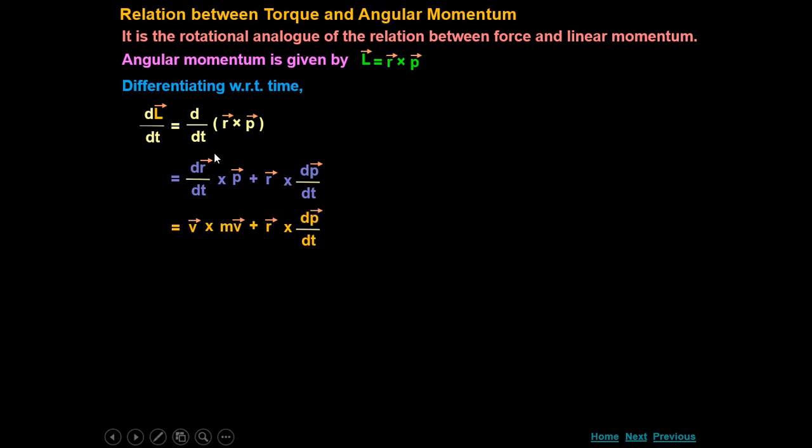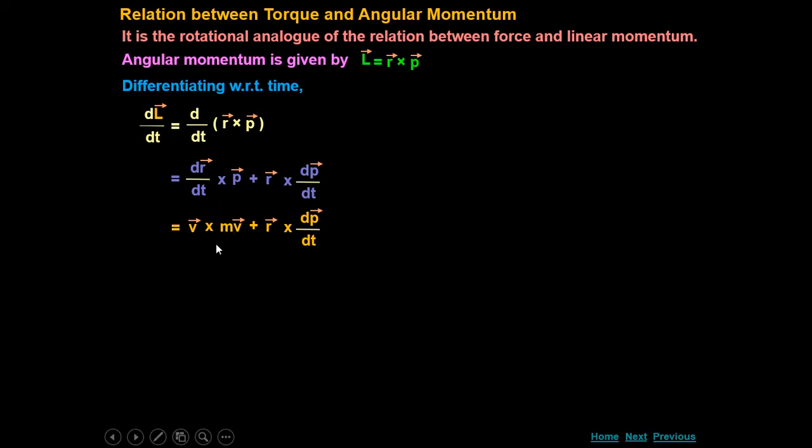So dr upon dt is nothing but displacement upon time interval. It is nothing but linear velocity. Cross p, the linear momentum, which is nothing but mv, the product of mass and linear velocity, plus r cross dp upon dt. Since this linear momentum and linear velocity are both in the same direction, and if two vectors are in the same direction, then the cross product of those two vectors must be equal to 0.